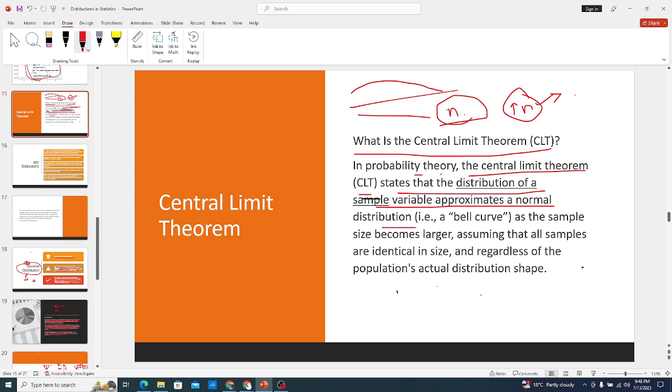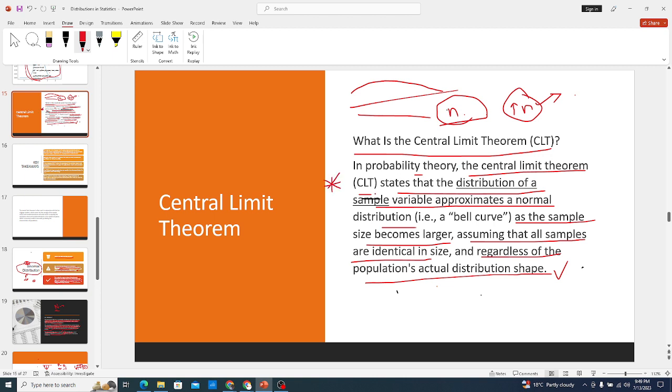So the central limit theorem states that the distribution of a sample variable approaches a normal distribution as the sample size becomes larger, assuming that all samples are identical in size, regardless of the population's actual distribution, that is, its shape.